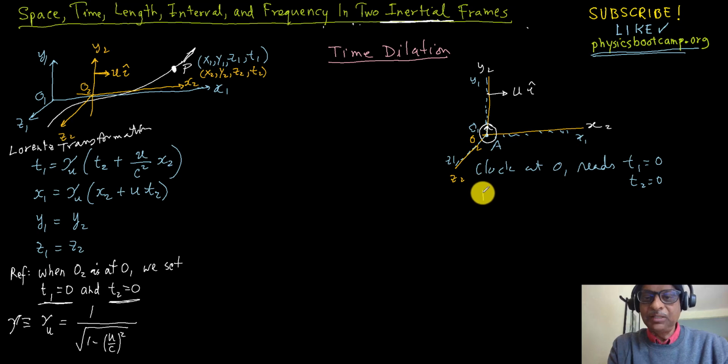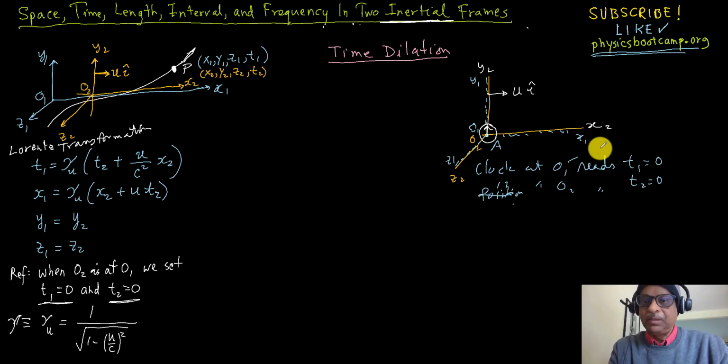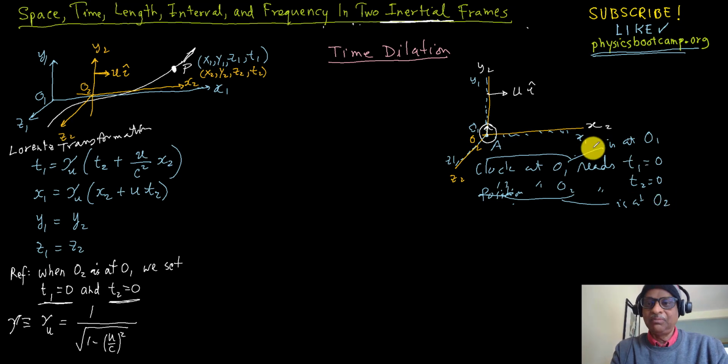Clock at O1 reads T1 and clock at O2 reads T2, and this clock is, of course, at O2, and both clocks are at O1.